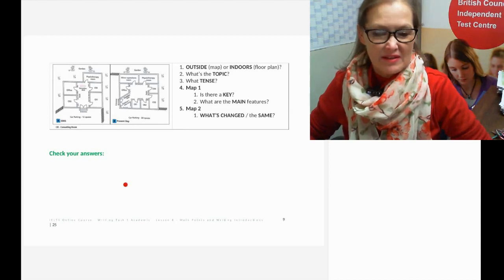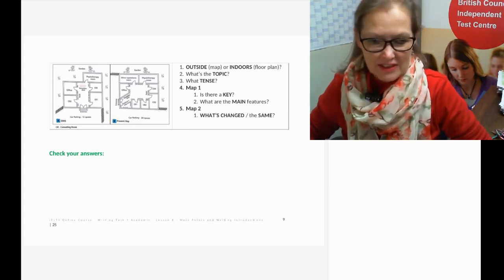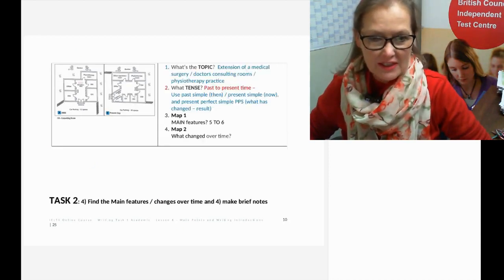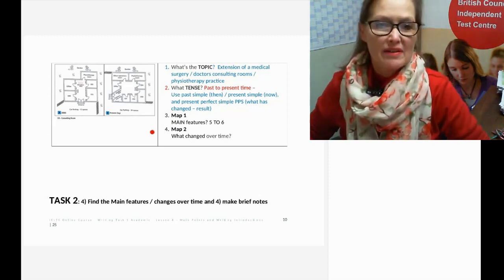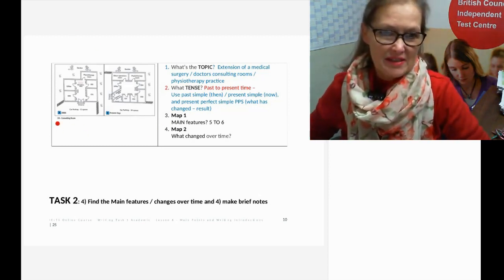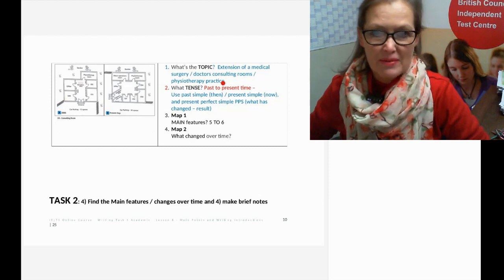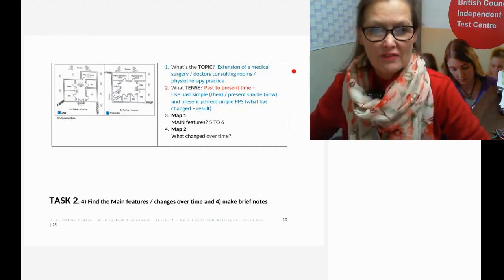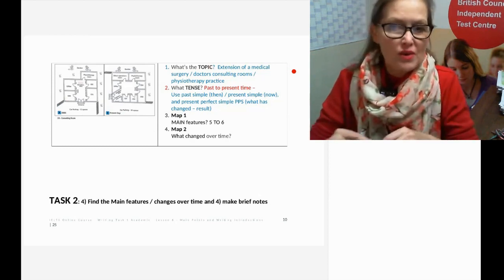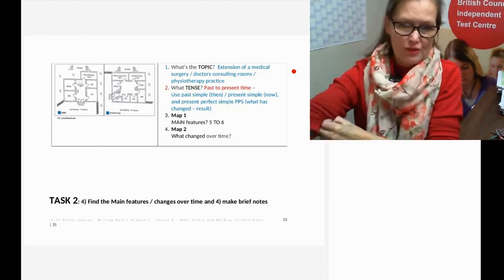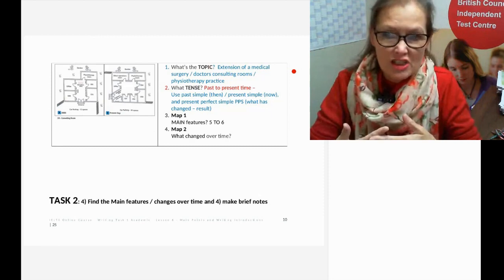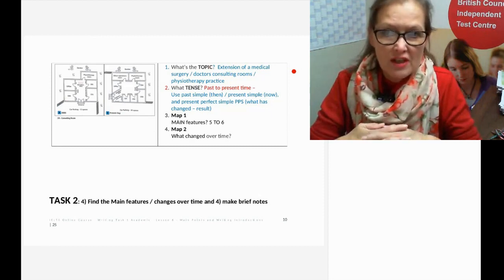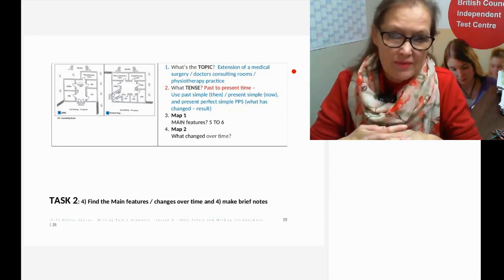Good. So we can see from the diagram, I think I've got one in the next page. Let's see if it came out. Yes, good. So we can see the changes that have happened. Are we going to ask ourselves what's the topic? And of course, that would be the extension or the expansion. These are 2 beautiful words, extension or expansion of a medical surgery.